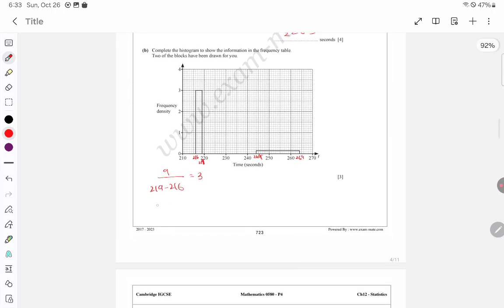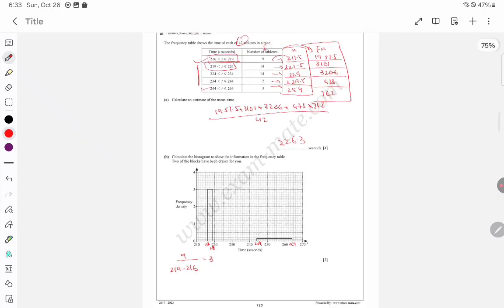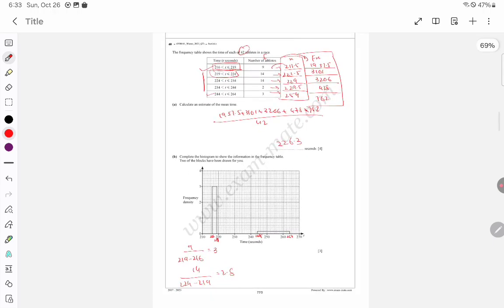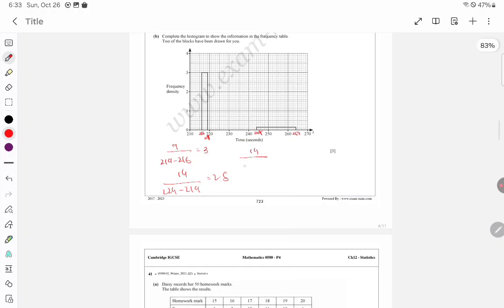For the rest, 14 over its range, 2.8, again 14 over its range, 1.4 for 2, 244 minus 234, 0.2, and for 3, 264 minus 244, and it will give you the value of 0.15.